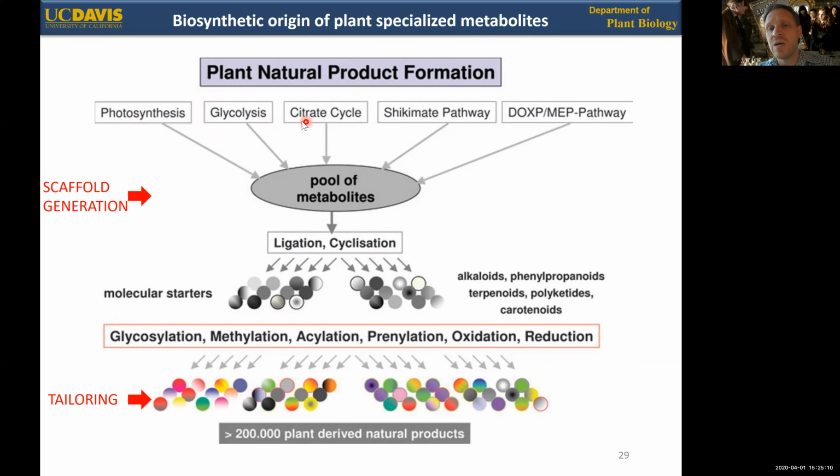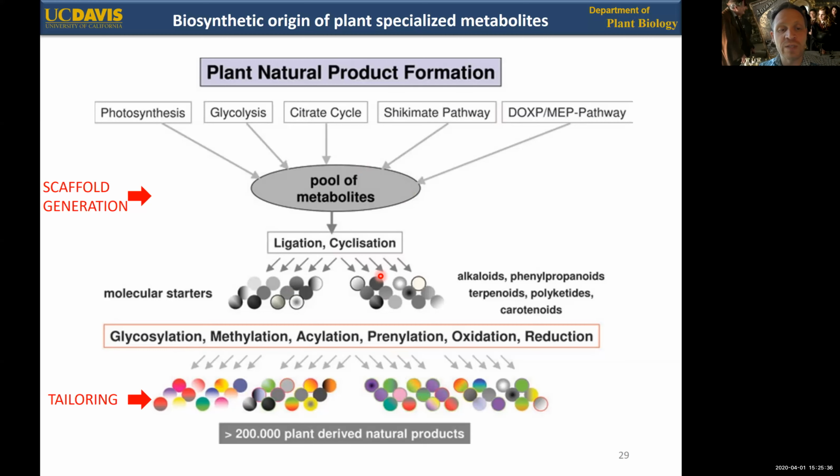And then, specific to the nitrogen-containing compounds, the shikimate pathway is a key pathway. And then for the terpenoids and isoprenoids in general, the MEP pathway and the DOXP pathway are really critical central pathways to generate these specialized metabolites. And then once we have made this pool of metabolites, then come all sorts of functional modifications.